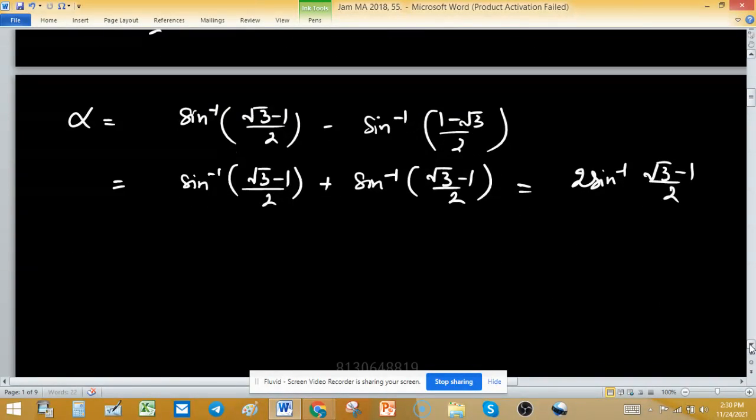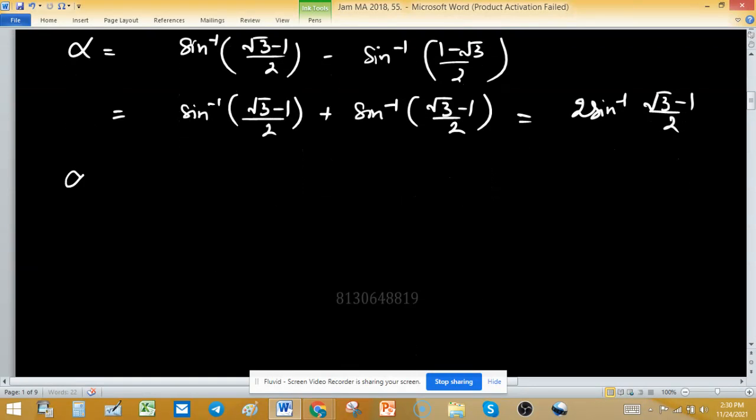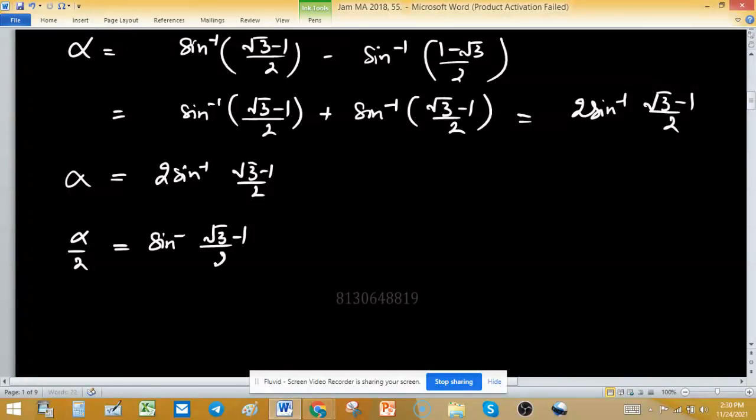This means alpha equals 2 sin inverse of (root 3 minus 1) divided by 2. So alpha by 2 can be written as sin inverse of (root 3 minus 1) divided by 2.